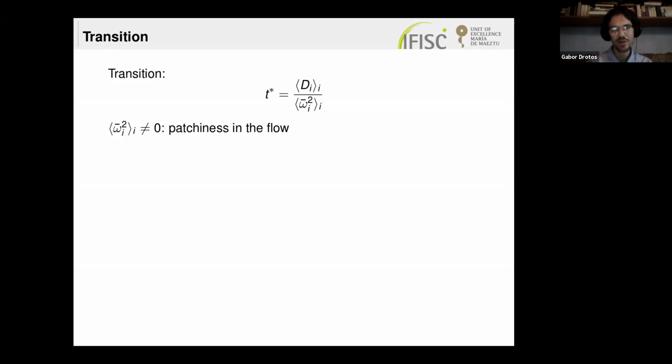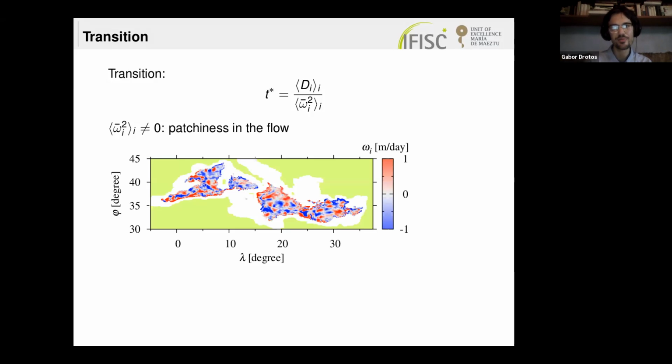So in order to have a well-defined omega I bar, we need that this drift contribution is the same within a reasonable neighborhood of the original particle position.